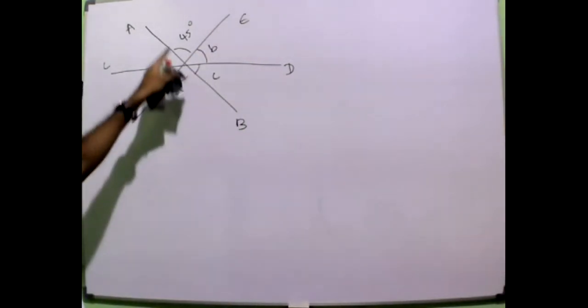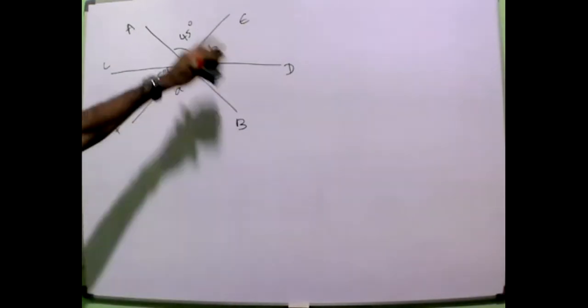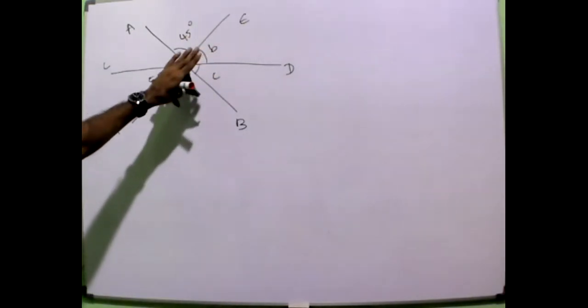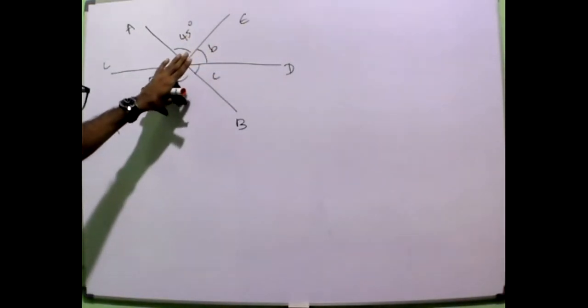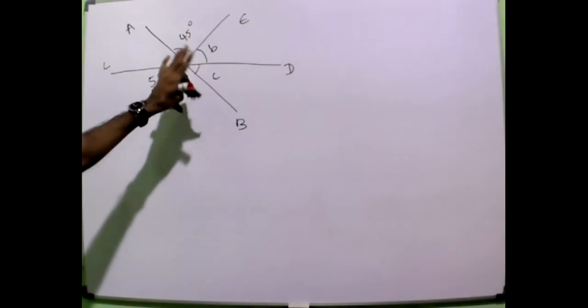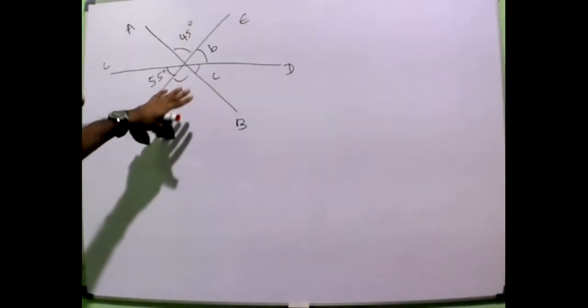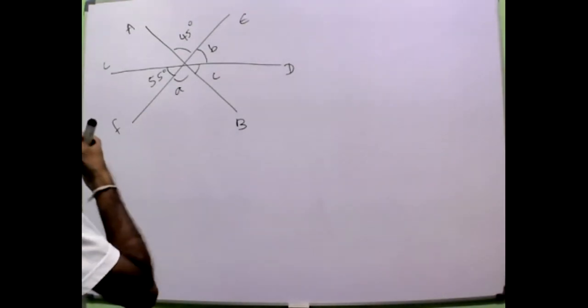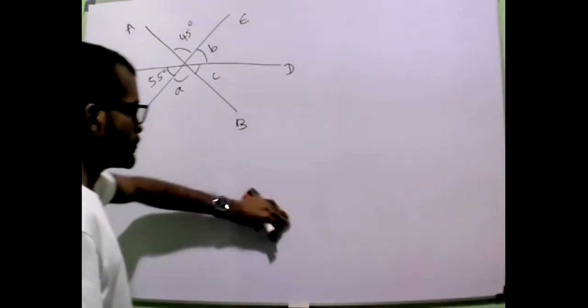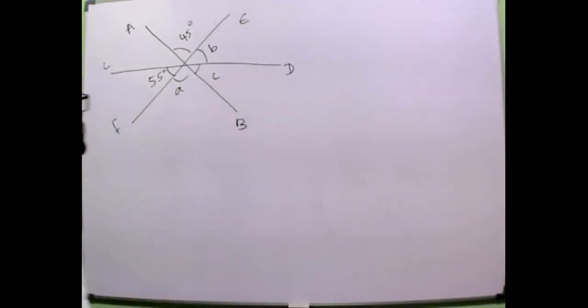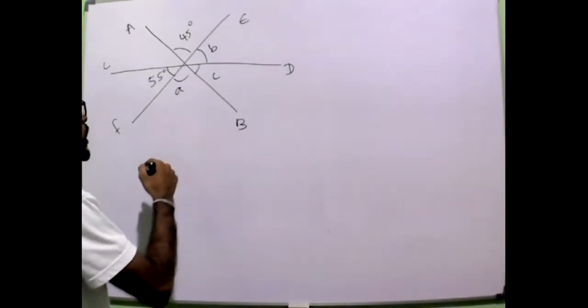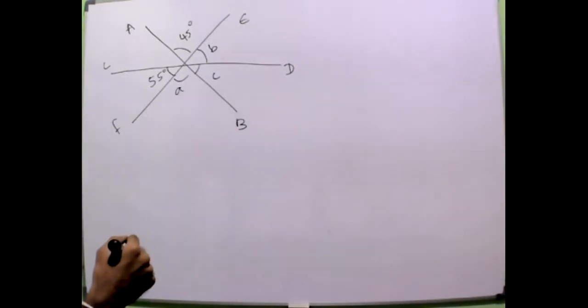So here you can find several pairs of vertically opposite angles. So you have to find correct vertically opposite angles in order to find the answers for these things.